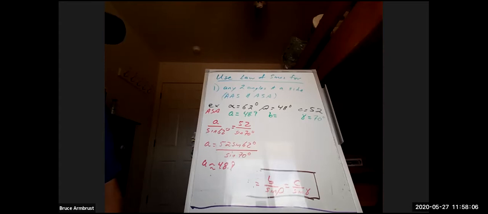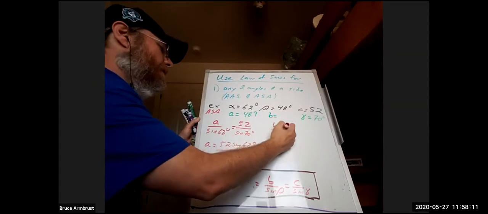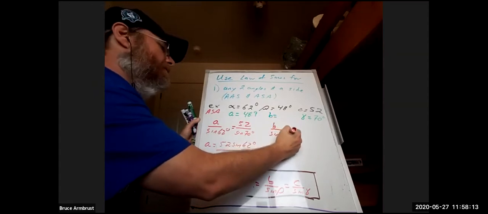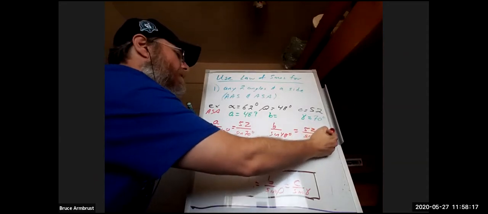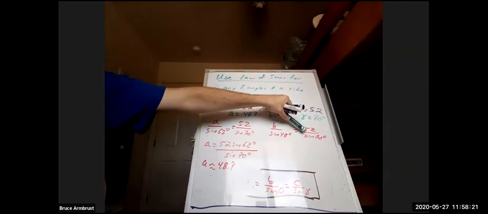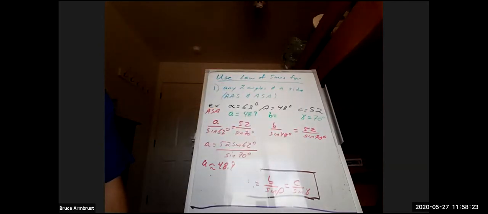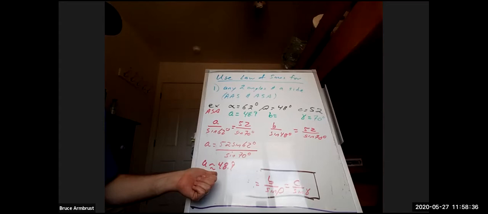All right, so then to find B, we're going to do exactly the same thing, except this time it's going to be B over the sine of 48 degrees is equal to 52 over the sine of 70. Now, I could have used A and sine alpha, but I highly recommend that you don't use anything that you calculated, for a couple of reasons. One, you might have made a mistake, and if you'd made a mistake, you don't want to perpetuate that error.